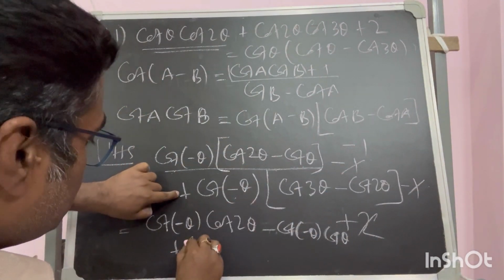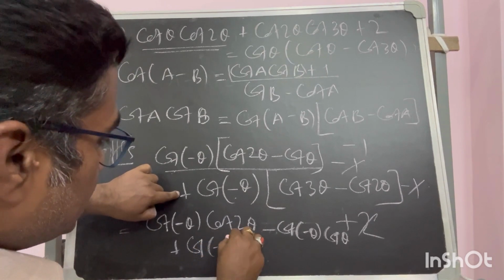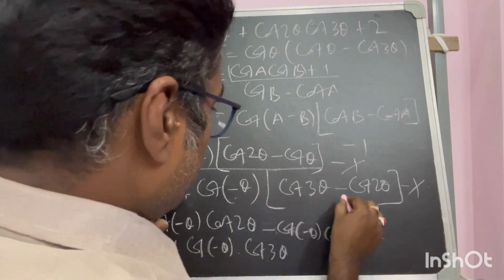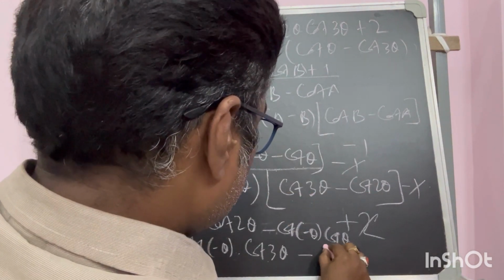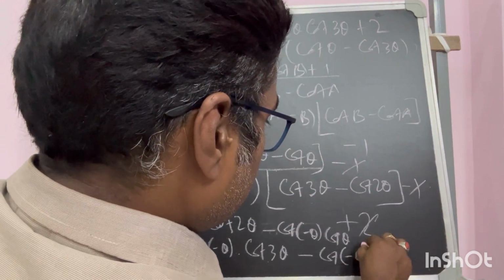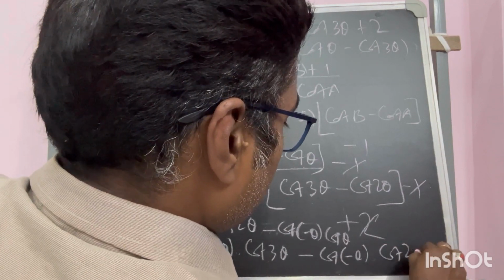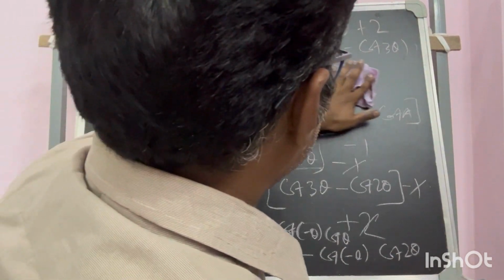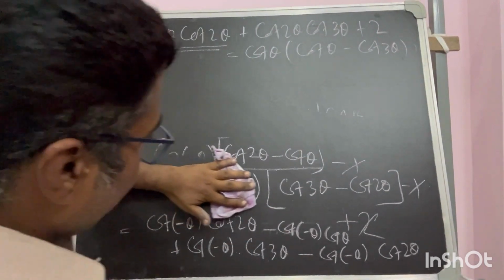Second part, cot of minus theta into cot of 3 theta, first part. Second part, minus of cot of minus theta into cot of 2 theta, second part. So this is all over. Now I can rub this part, because there is no use of this right now.